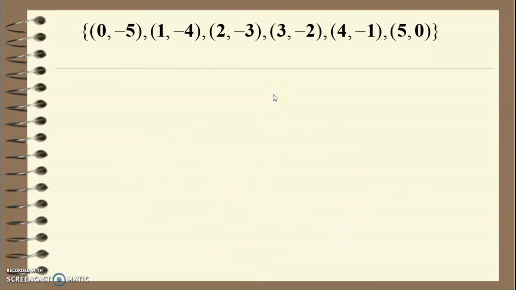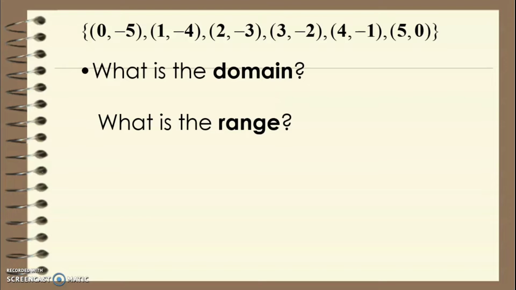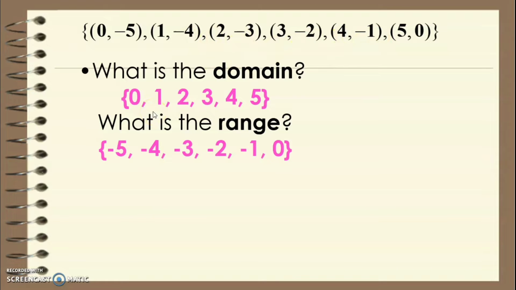So, dito tayo sa ating example. What is the domain? Of course, our domain is 0, 1, 2, 3, 4, and 5. What is the range? -5, -4, -3, -2, -1, and 0.